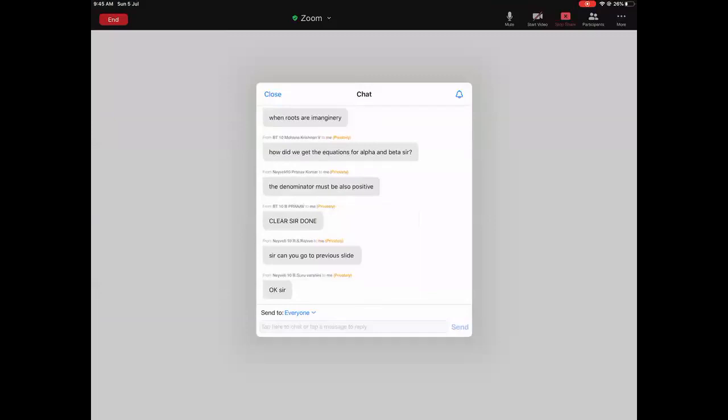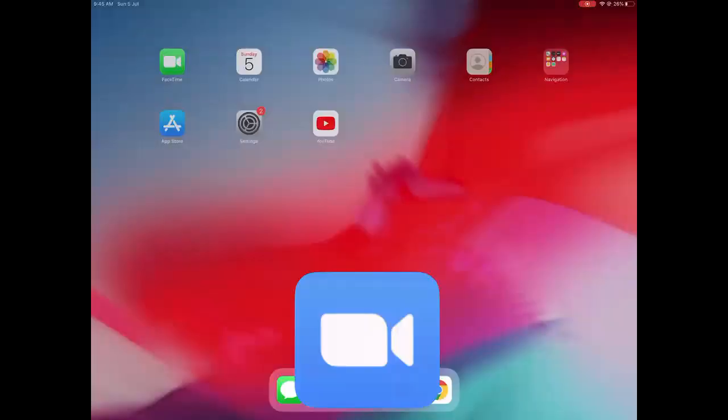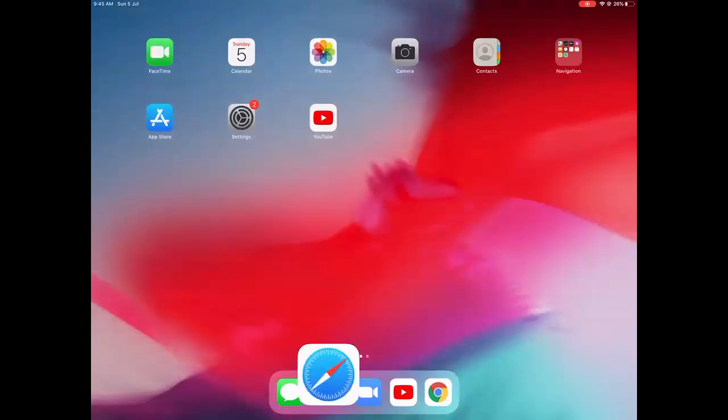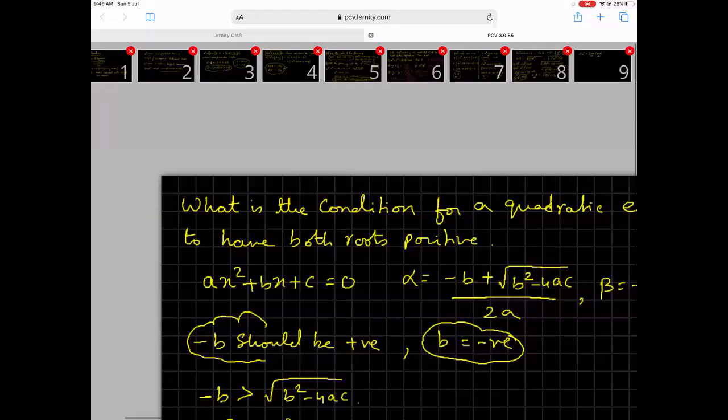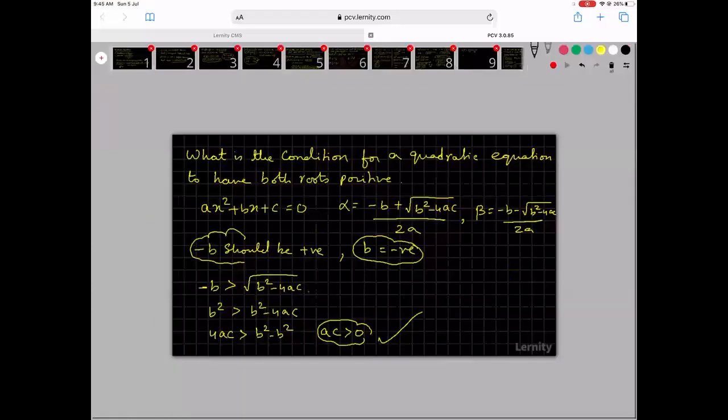How did we get the equations for alpha and beta? That's what we did in the last class. Here there is a by 2a, right? So we have to talk about by 2a also. So we can't just cancel it and ignore it.